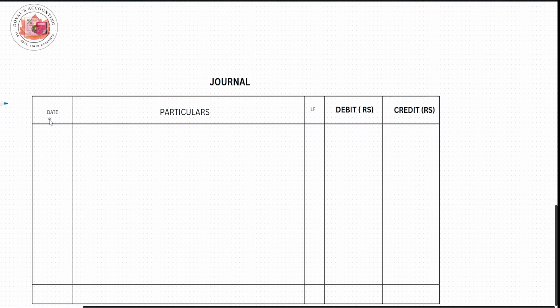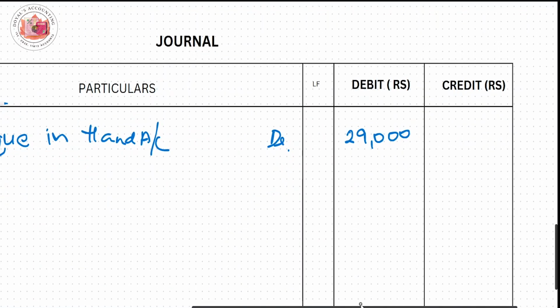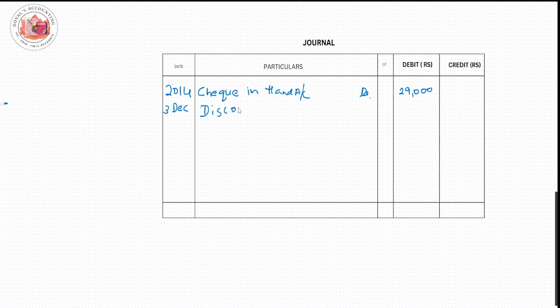In our journal, we'll write the date 2014, 3rd December, check in hand account, debit, 29,000, discount allowed account, 400, to Ramlal account, 29,400.